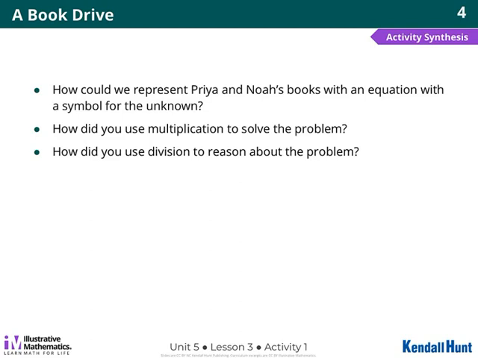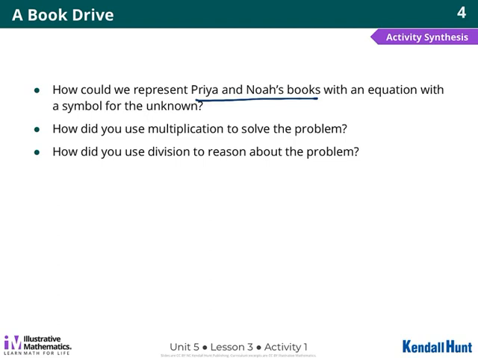But I'm noticing it's bringing up something. How could we represent Priya and Noah's books with an equation with a symbol for the unknown? What could we do? Quinn, what are you thinking?